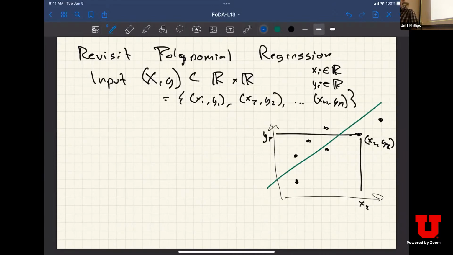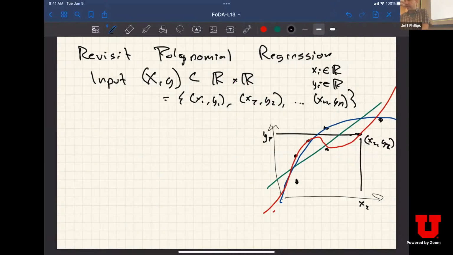But with polynomial regression, we can fit maybe a parabola that fits the data a bit better. This would be a degree 2 curve, or maybe it's a degree 3 curve that could look something like this. Maybe this fits the data a bit better.